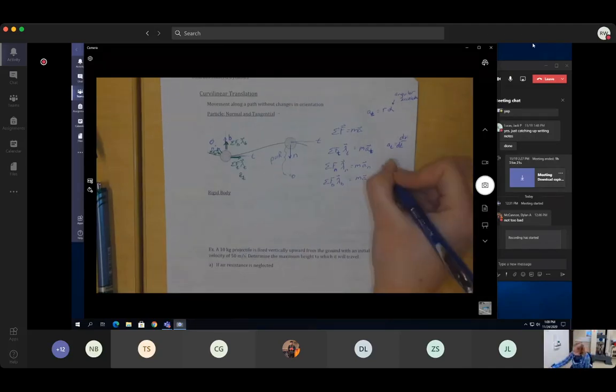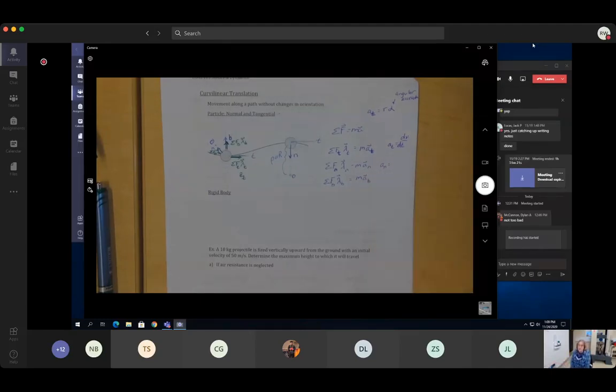And then a sub n is our normal direction acceleration, or perpendicular direction acceleration. If we're in polar coordinates or something like that, we call it the centripetal acceleration or the radial acceleration. And that's v squared over rho or v squared over r, depending on how we've defined the radius of that curve.